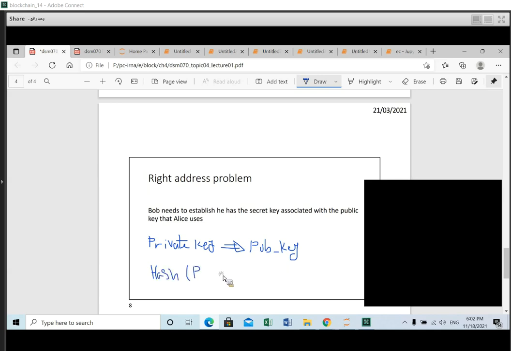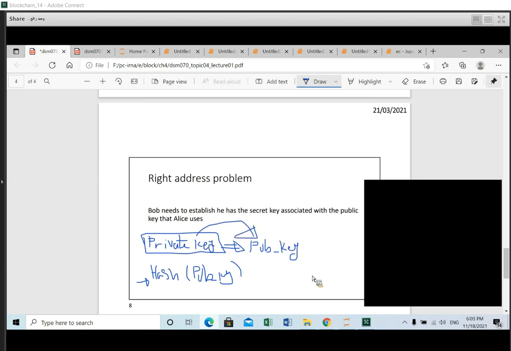And what is the recipient? The recipient address is the hash of that public key. And as you can see, these hash functions generate a unique address.